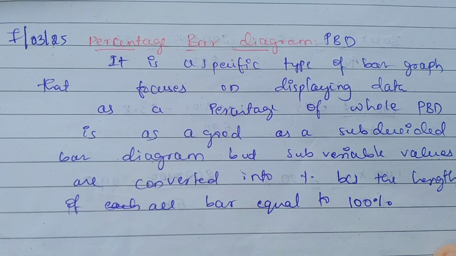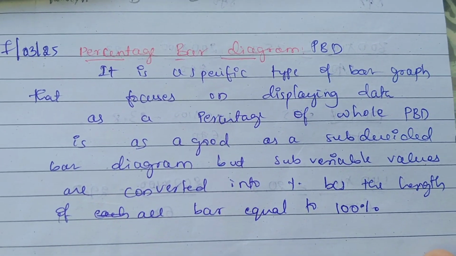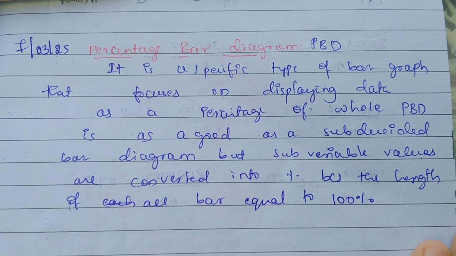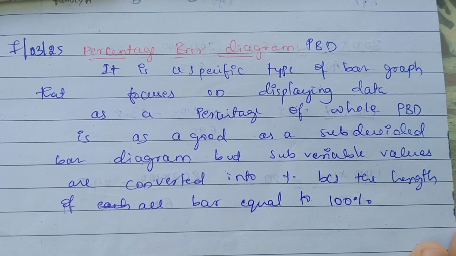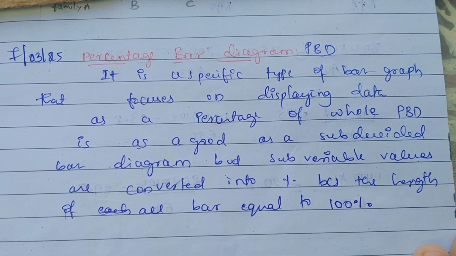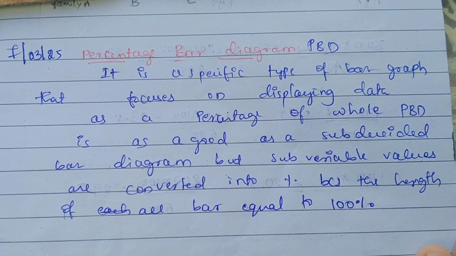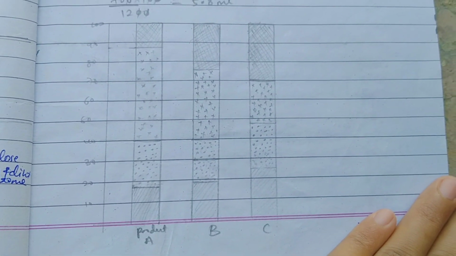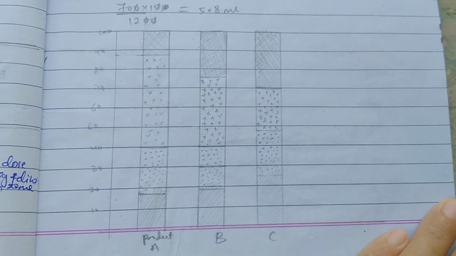Percentage bar diagram is a specific type of bar graph that focuses on displaying data as a percentage of a whole. Percentage bar diagram is like a subdivided bar diagram, but the sub-variable values are converted into percentages because the length of each bar is equal to 100%. Here this is an example for percentage bar diagram.